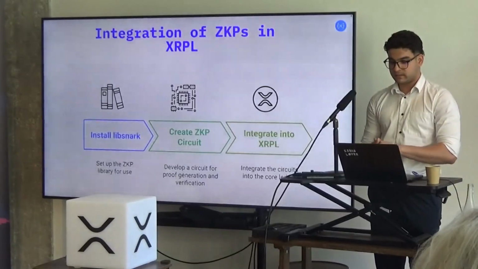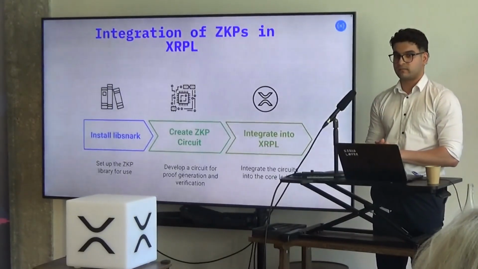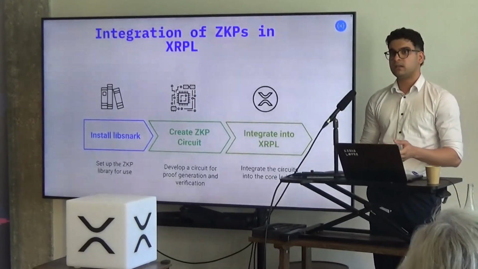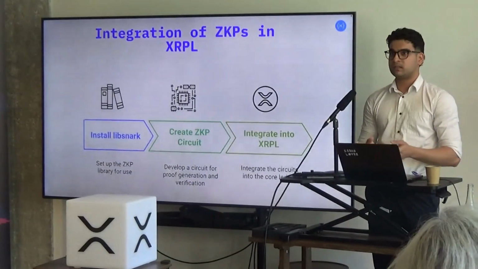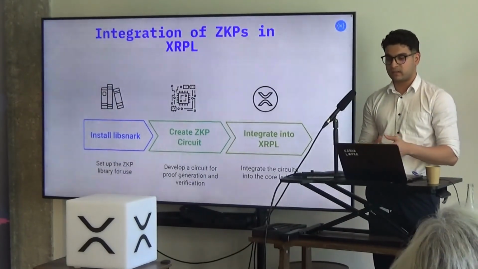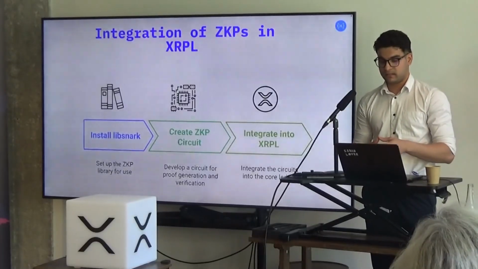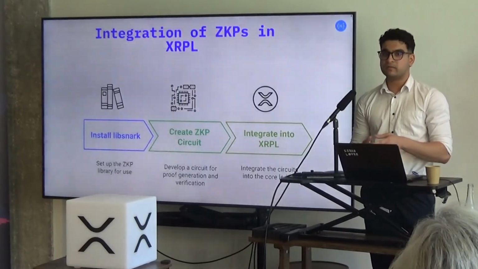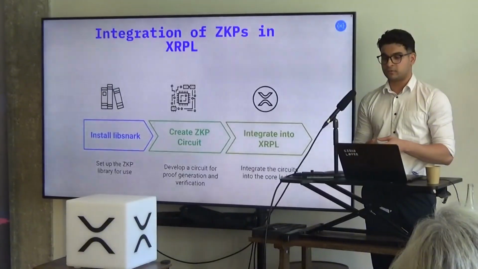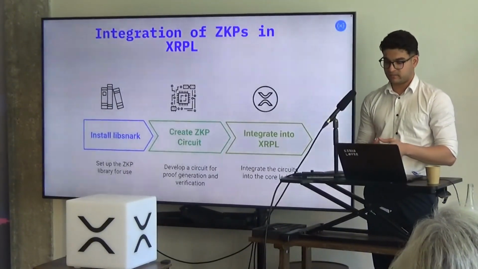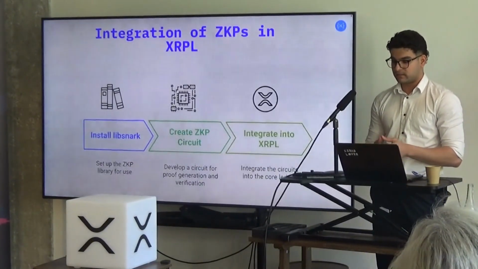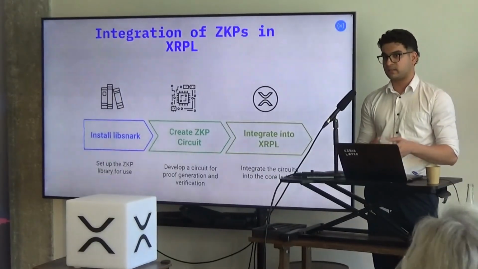We then developed a circuit for the proof generation and verification. Here we try to mimic the same pattern as a Zcash transaction. And we removed some unnecessary constraints to reduce the proof generation time. And then finally we integrated the circuits into the core ledger and carried out some tests.